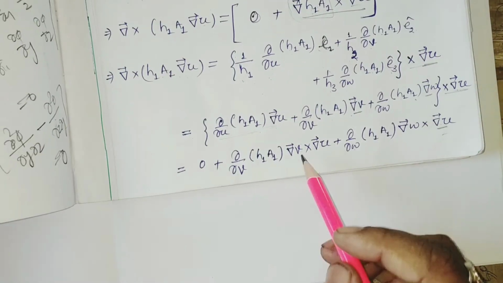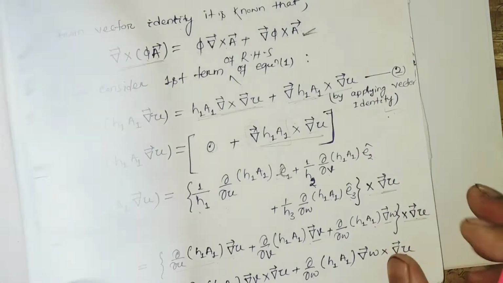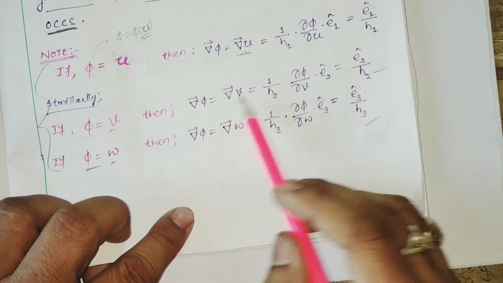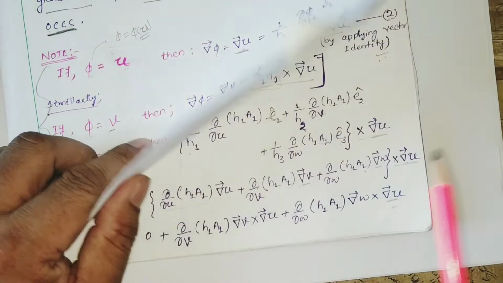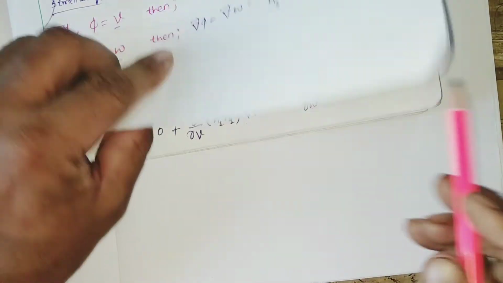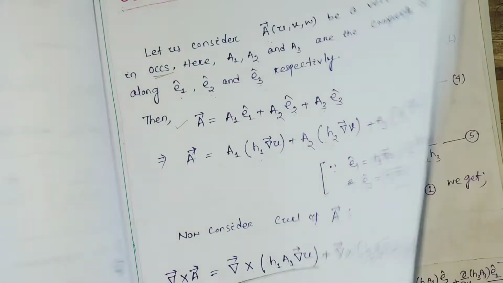Why? Here you can see del V and del U can be written as del V can be written as E2 cap by H2, del U can be written as E1 cap by H1, right? Same thing it has been written.